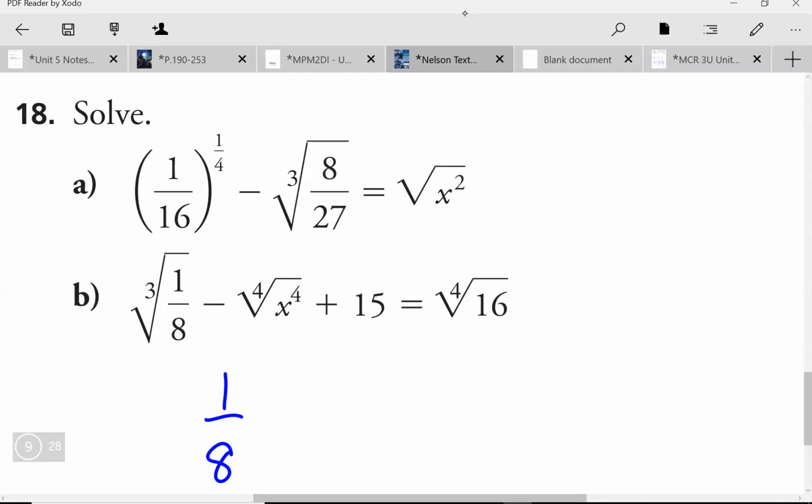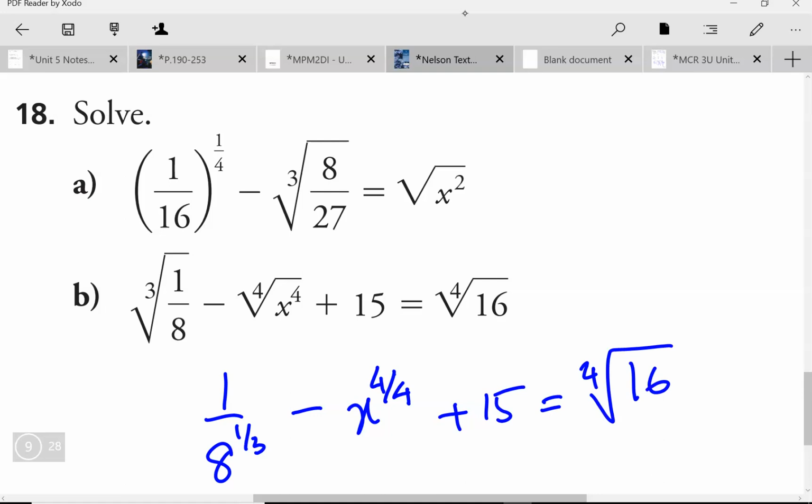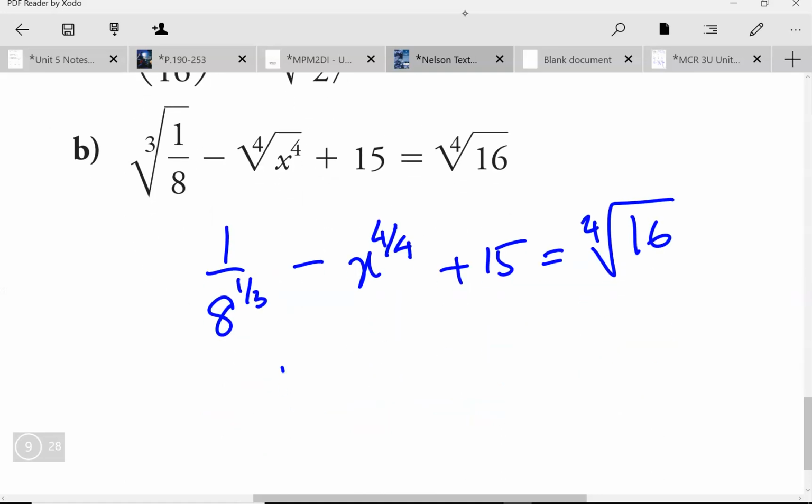1 over 8 to the power of 1 over 3 minus x to the power of 4 over 4 plus 15 equals 4 to the power of 16. Solve for x. Okay. This is 1 over 2, of course, minus x plus 15 equals 2.